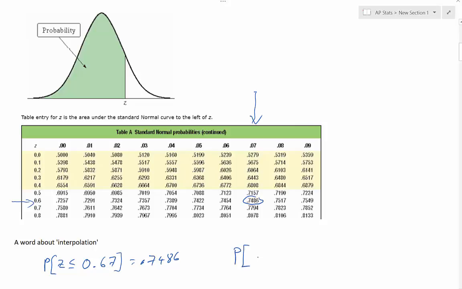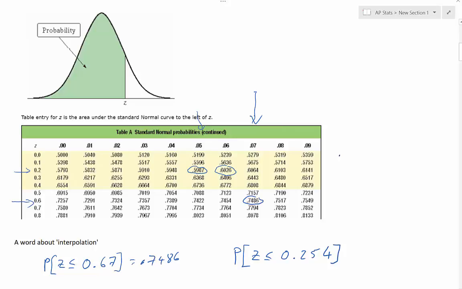But what if we had 3 decimal places? What if we wanted the probability that z is less than or equal to 0.254? Well, 0.25 is here, and 0.26 is here.